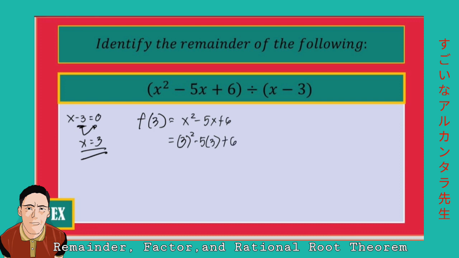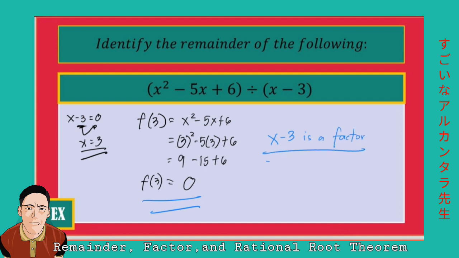So this will be 9 minus 15 plus 6, and this is equal to 0. So f of 3 is equal to 0. So the meaning of this is that the remainder is 0 and x minus 3 is a factor of the given polynomial. So that's how the factor theorem works. As simple as that.